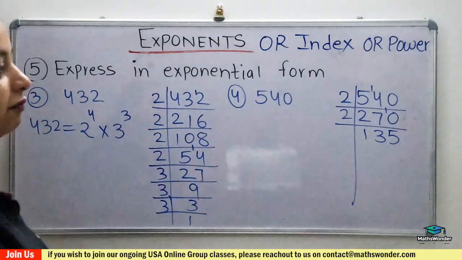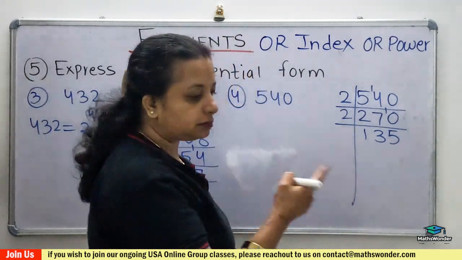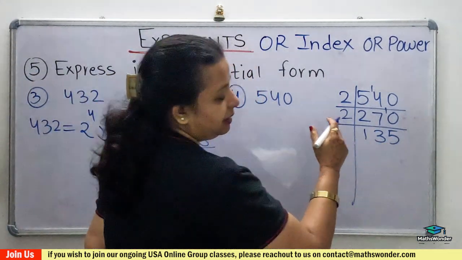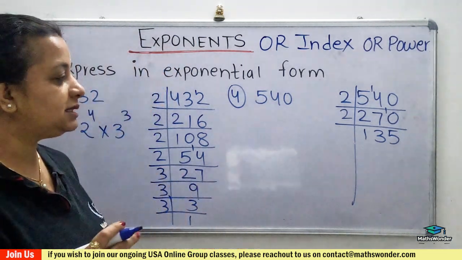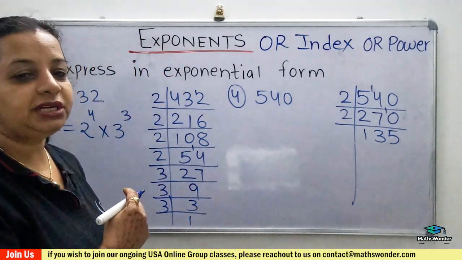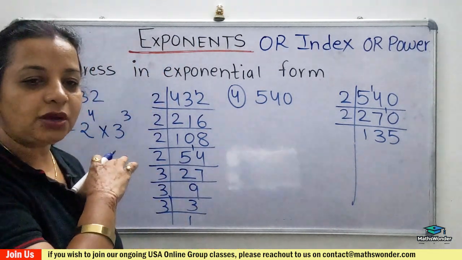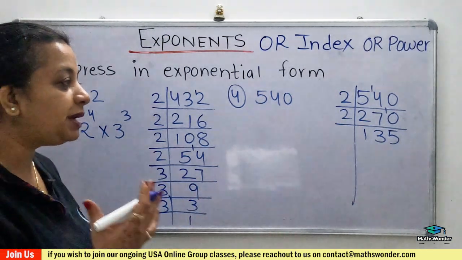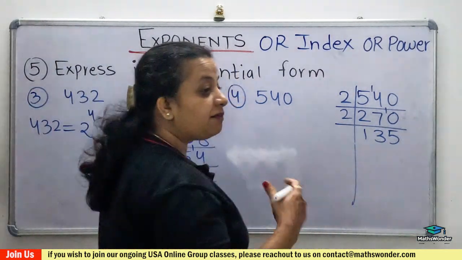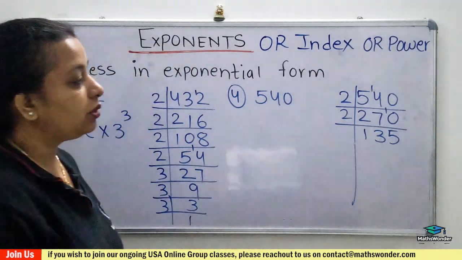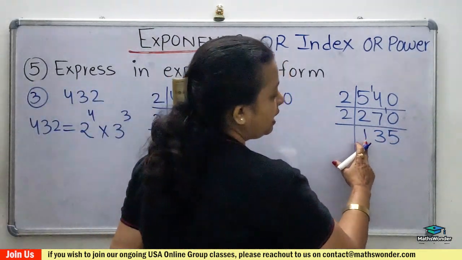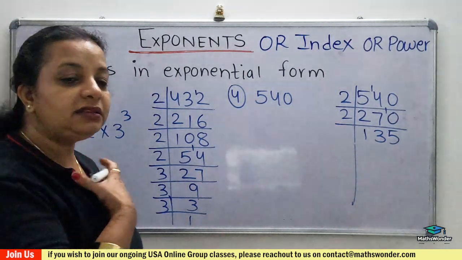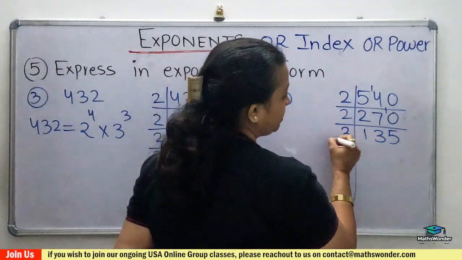Now 135 will not go with 2. So now we'll take 3, because the divisibility rule of 3 says if you add the digits and the sum is divisible by 3, that means the whole number is divisible by 3. So basically the multiples and factors topic will be used here in every part. Now 1 plus 3 plus 5 is 9. 9 is divisible by 3. That means 135 is definitely divisible by 3.